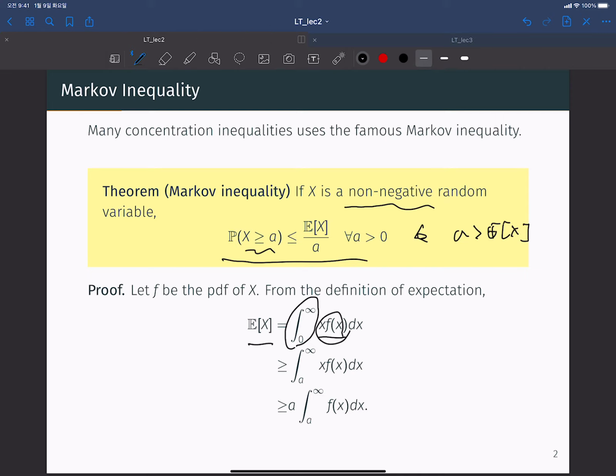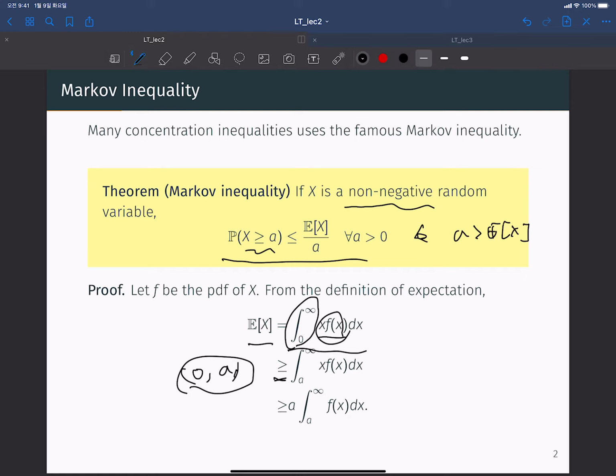So when you ignore the range from 0 to a, the integral value decreases, not increases. So we have this less than or equal to sign.